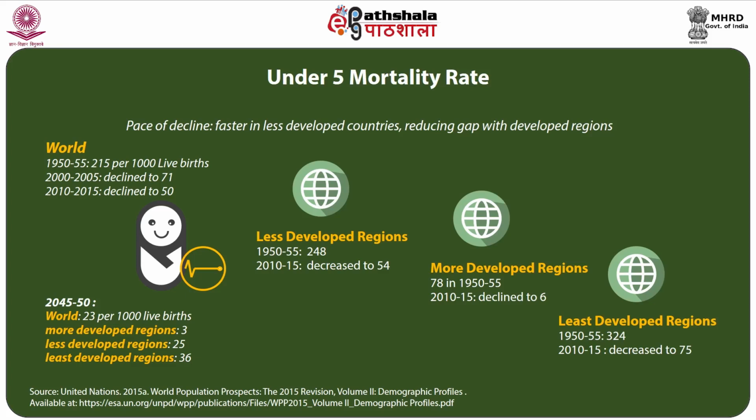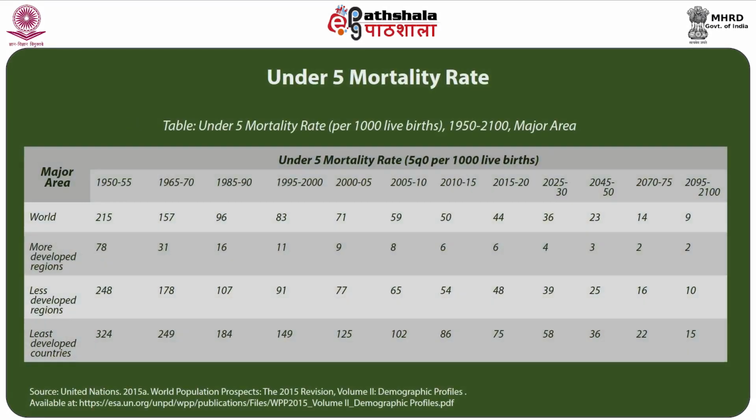It clearly indicates that the reduction in childhood mortality is coming in a big way in most of the less developed regions, which is a positive indicator. This chart depicts the variations in the levels of under 5 mortality rate over a period of time across different regions of the world and the globe as a whole.